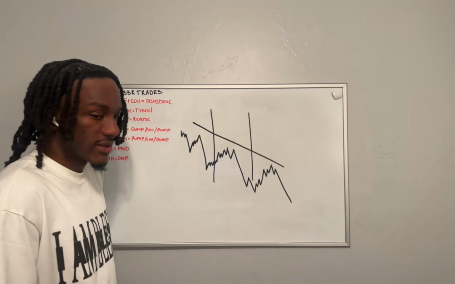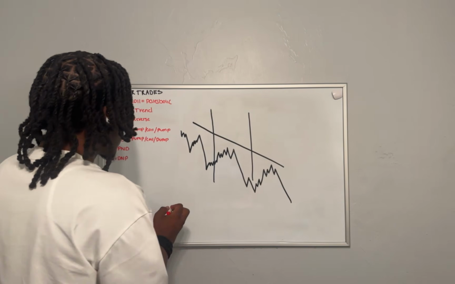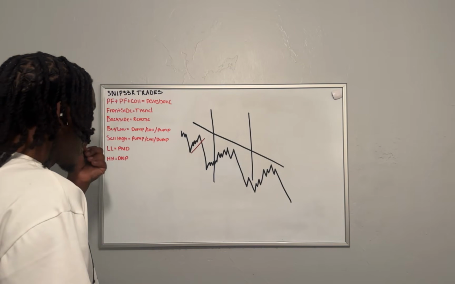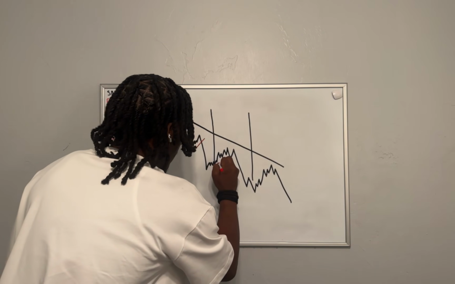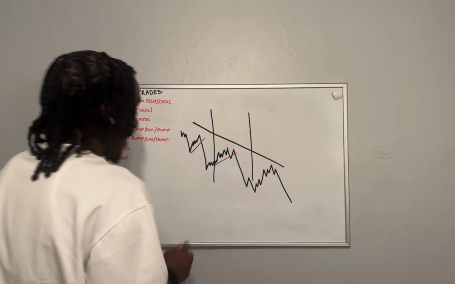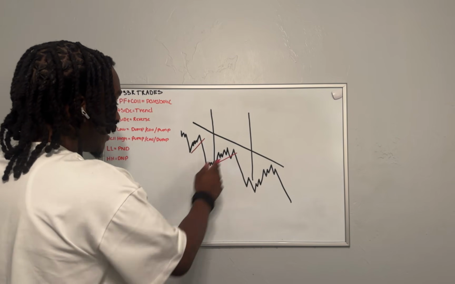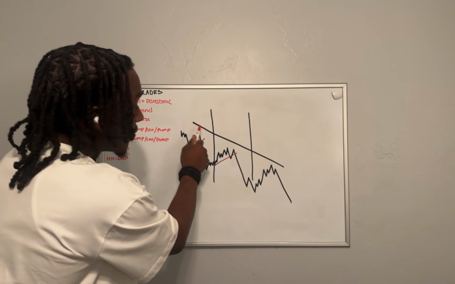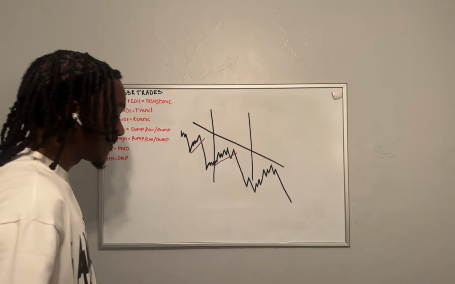But over here, we're backside of the session. Over here, we're backside of the entire day. Asia and London were climbing up. New York high of the day, backside of the day, front side of the week for a continuation trade down.